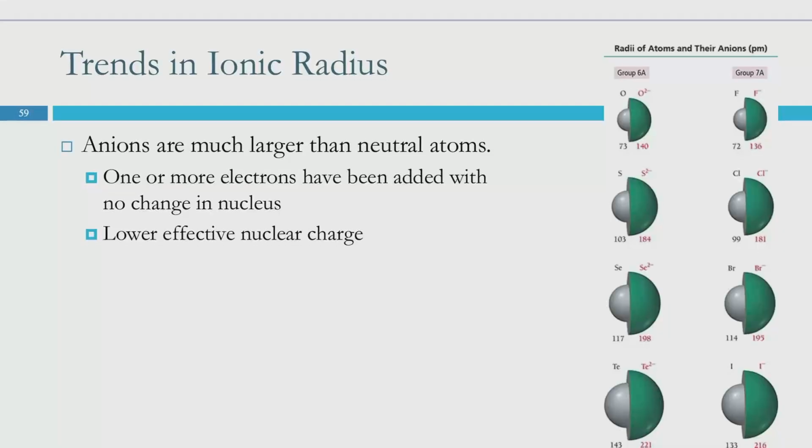For anions, the anions are much larger than the neutral atoms. Adding electrons lowers the effective nuclear charge. Even though we're not adding to the core electrons, we're adding valence electrons.